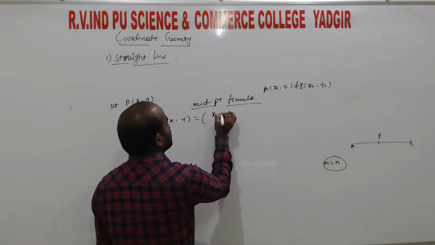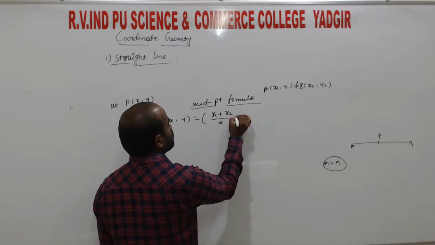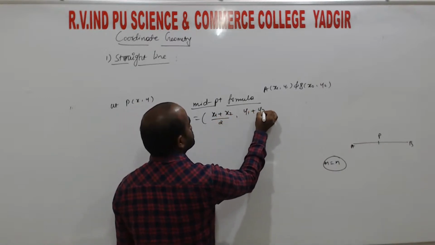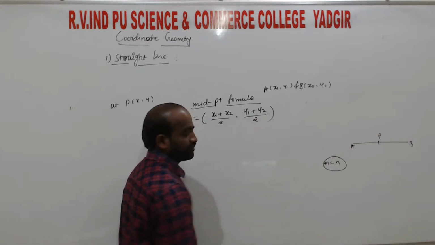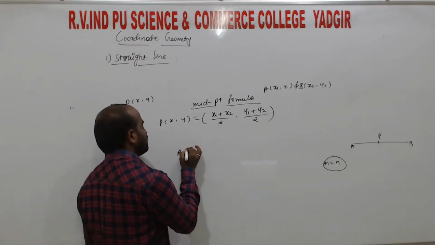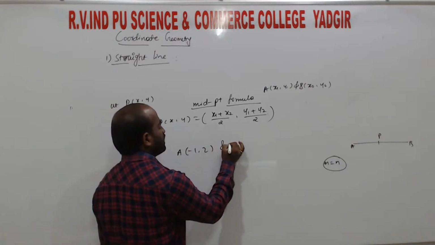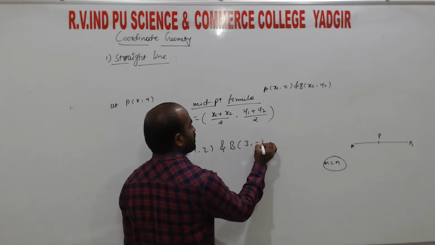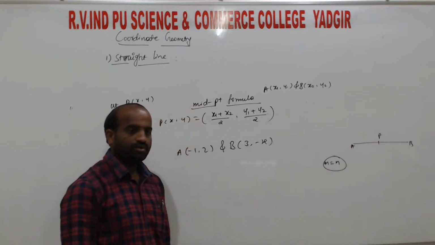Midpoint formula: (x1 plus x2) divided by 2, (y1 plus y2) divided by 2. Find the midpoint of the line joining the points A of minus 1 comma 2 and B of 3 comma minus 4.